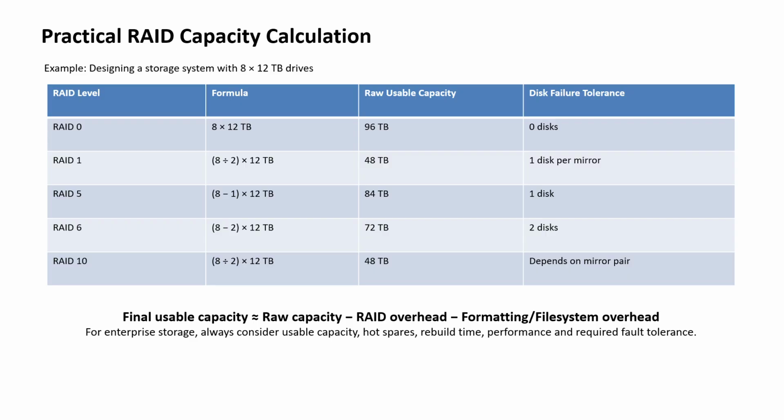RAID 1 provides mirroring and strong redundancy but uses 50% capacity. RAID 5 provides a balance between capacity and protection. RAID 6 provides protection against two disk failures. RAID 10 provides excellent performance and redundancy but uses 50% of the raw capacity.